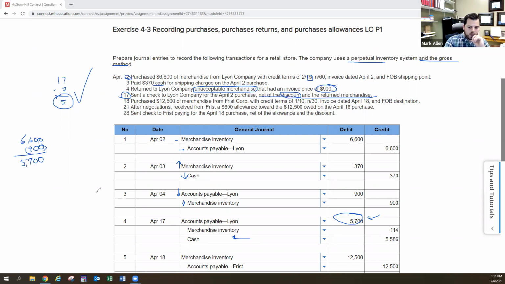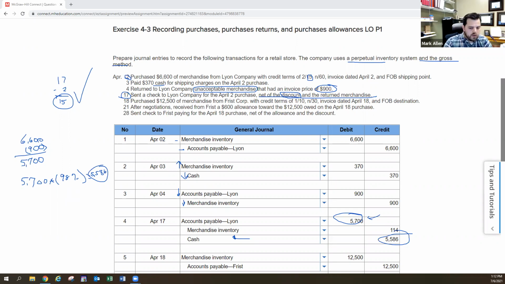So cash, well, that's going to be the 5,700 that I owe times the amount of the discount subtracted from 1. So I'm just going to do this here as 98%. When I do 5,700 times 0.98, I will come out to 5,586. And that is the number you see here.